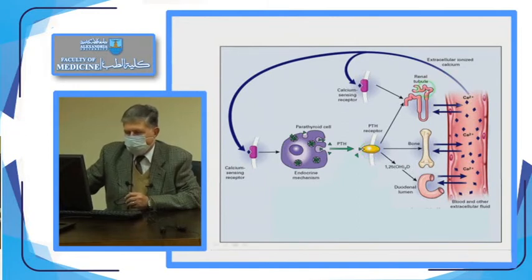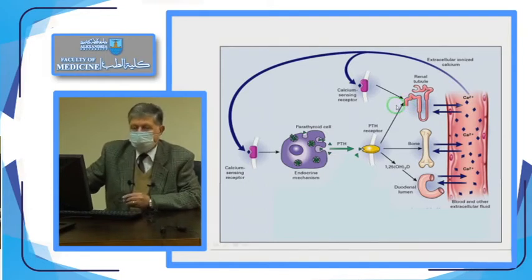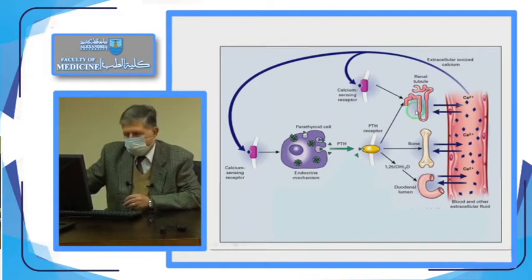It acts on the renal tubule to inhibit the calcium excretion in urine, and to stimulate the phosphorus excretion. So by retaining calcium in the blood, it increases serum calcium and it leads to phosphorus loss. So it retains calcium from the urine and it stimulates the excretion of phosphorus.